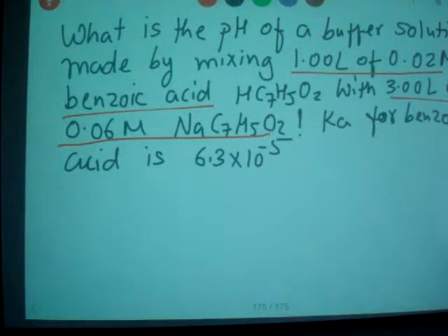So we represent benzoic acid as HBz, and we write Bz minus as the benzoate ion.